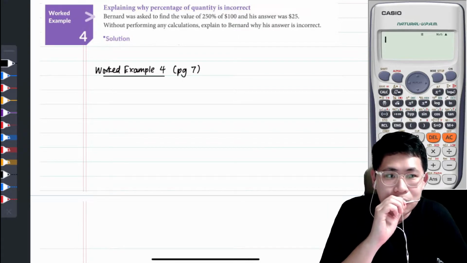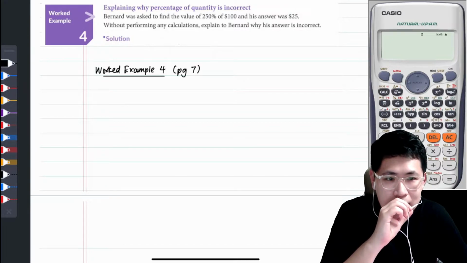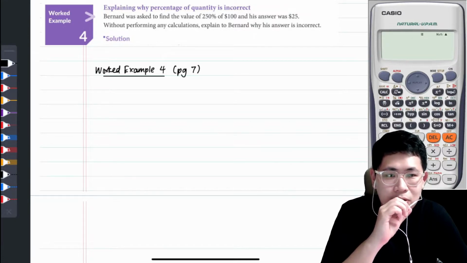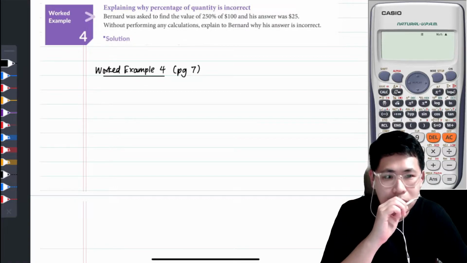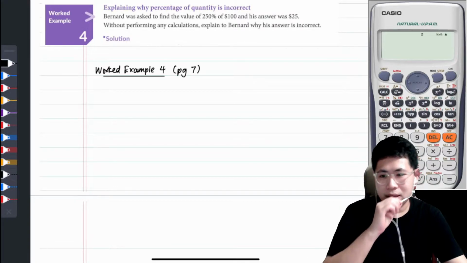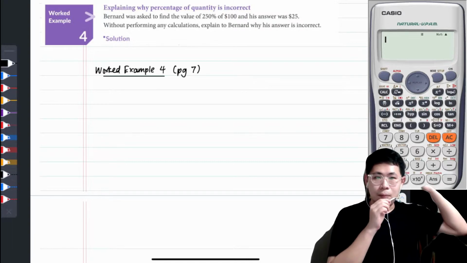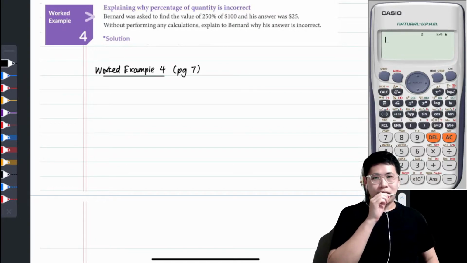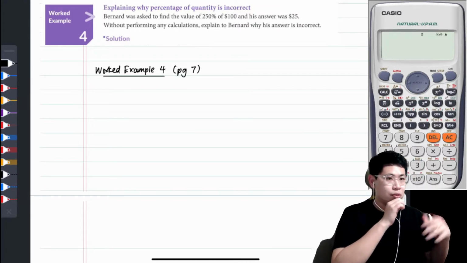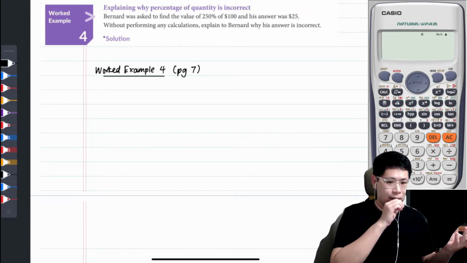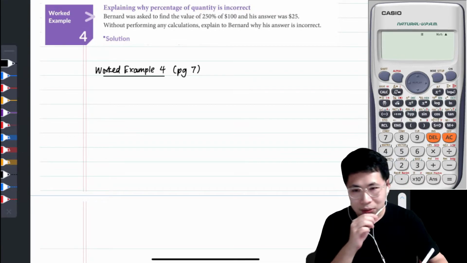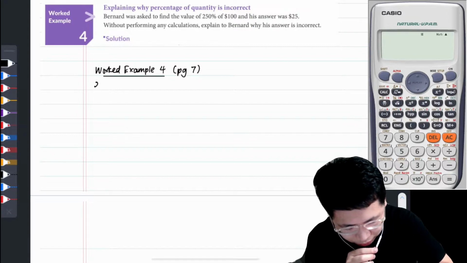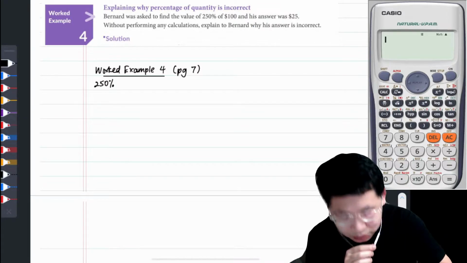Bernard was asked to find the value of 250% of $100, and his answer was $25 without performing any calculation. Explain to Bernard why his answer is incorrect. So why is he incorrect? Because 250% is bigger, it's 2.5 times of 100. You don't have to do a lot of calculation, you just have to make sense of this.